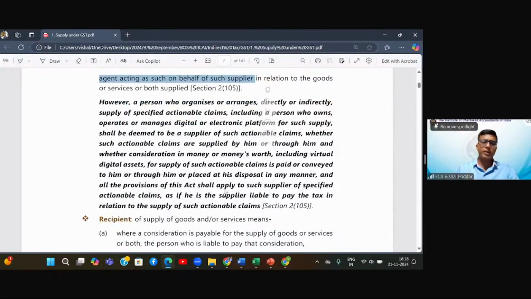To understand this part, let me first give you a brief background of what happened on 1st October 2023, that is last year. A year prior, there was a major amendment whereby, for the first time, the government clarified its tax position on online money gaming. Prior to that, the government believed that it is taxable.